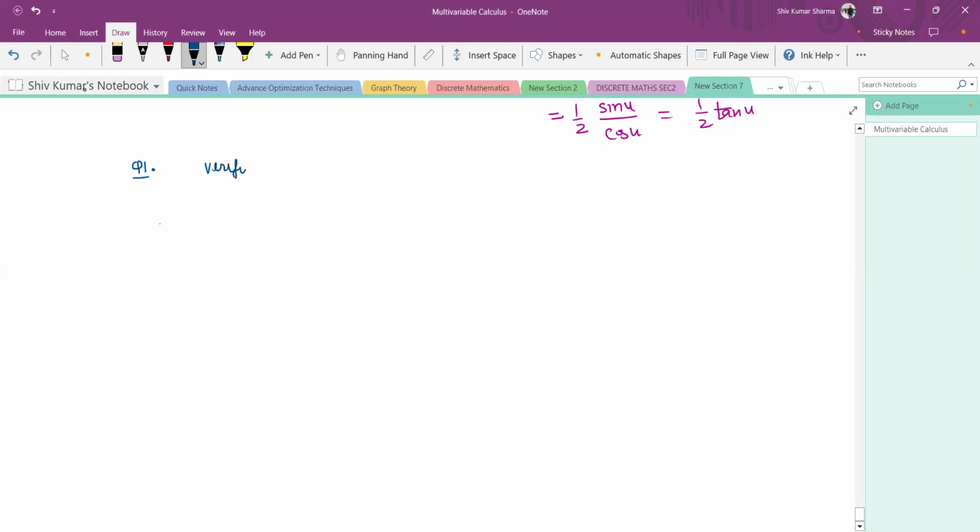We have the statement: verify Euler's theorem for the function f of x y is equal to a x square plus 2h x y plus b y square. Okay, so here we verify Euler's theorem.